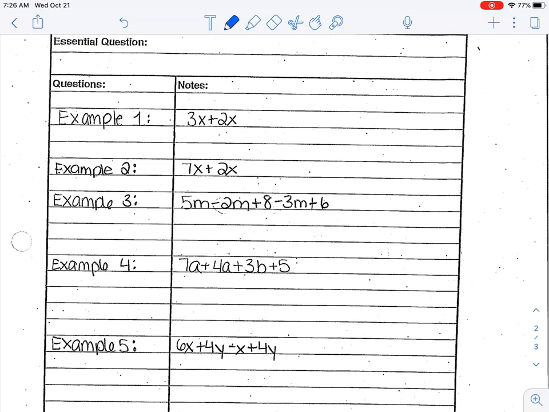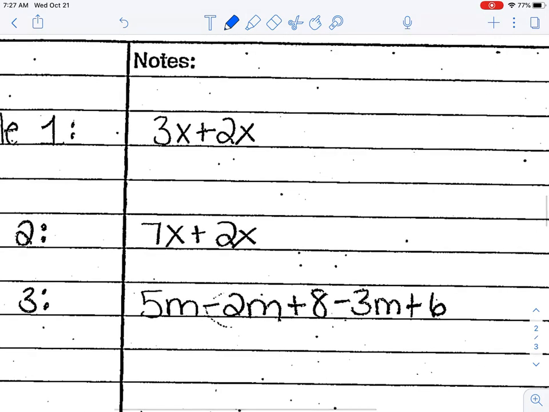You can color code these things, you can shape it however you want, but what I do is I use circles and squares and different shapes.